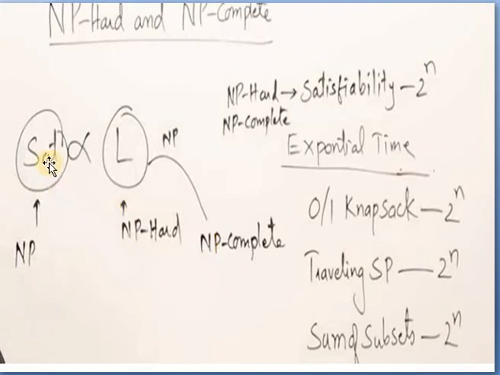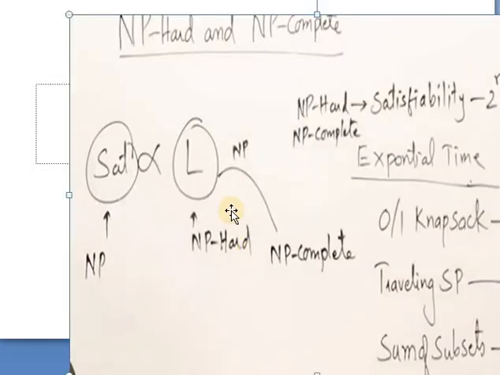Satisfiability problem is an NP hard problem. If I convert the satisfiability problem into any other problem, say L, in the list of exponential time problems, then that problem becomes NP hard. Now to make that L problem an NP complete problem, what do I have to do?